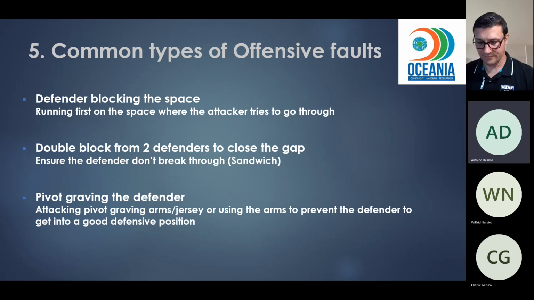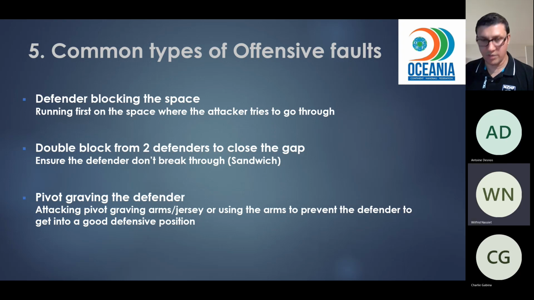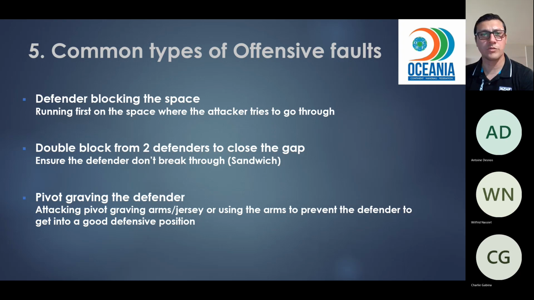If the attacking pivot is using the area, like the 6 meter area, to win position and advantage on his defender, that is a very common offensive foul as well. Illegal action as well. I think it's a very common fault seen in our matches.